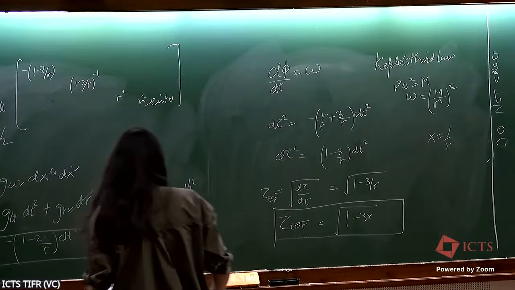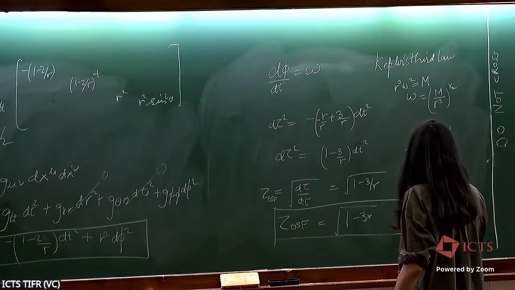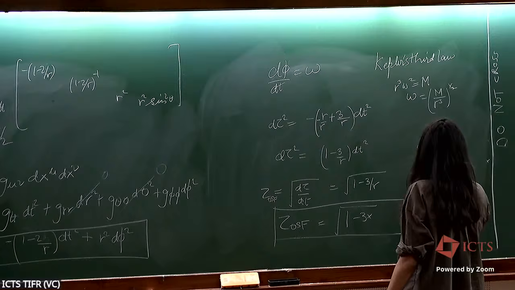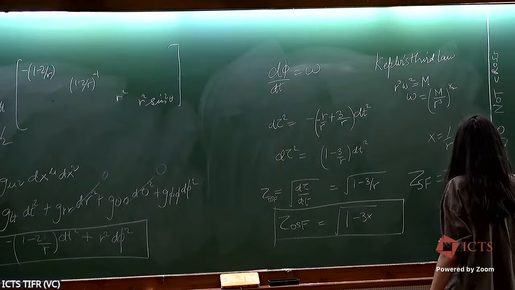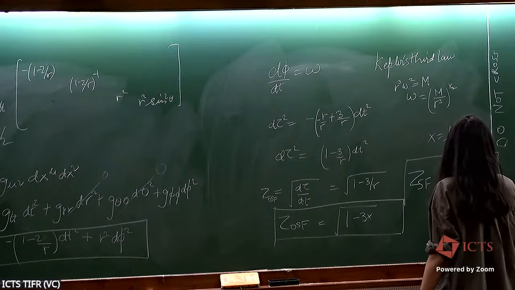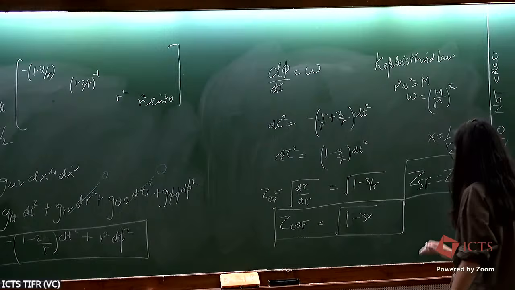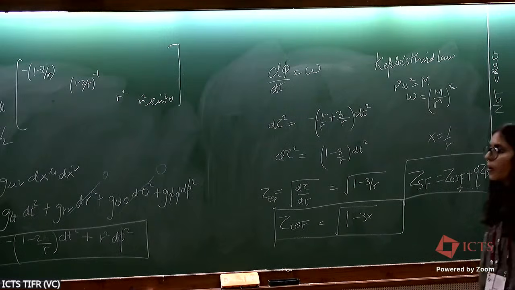And similarly, from the self-force result, we should be able to obtain the 1 SF as well. So ZSF is plus higher order terms. So we have the redshift from bigger. Okay.